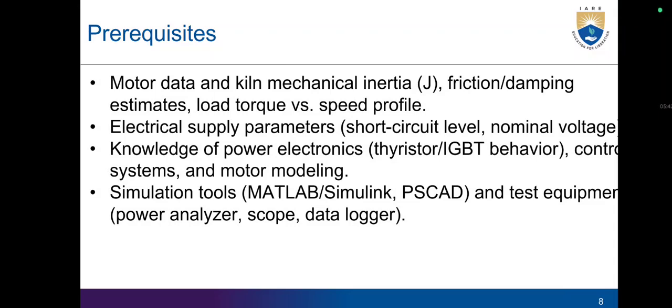Prerequisites: motor data and kiln mechanical inertia, friction and damping estimates, load torque versus speed profiles. Electrical supply parameters: short circuit level, nominal voltage.